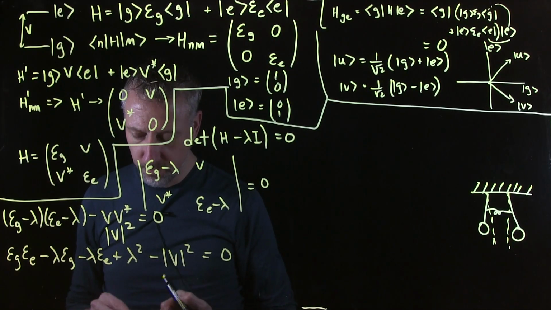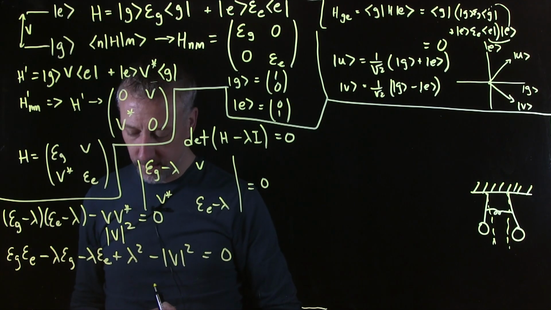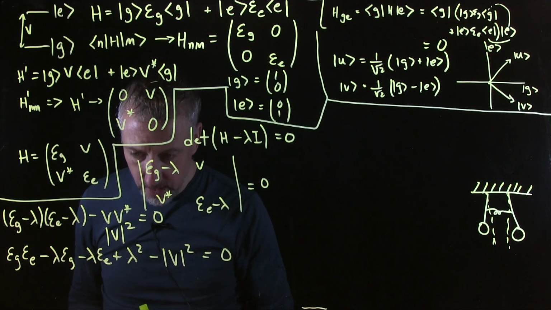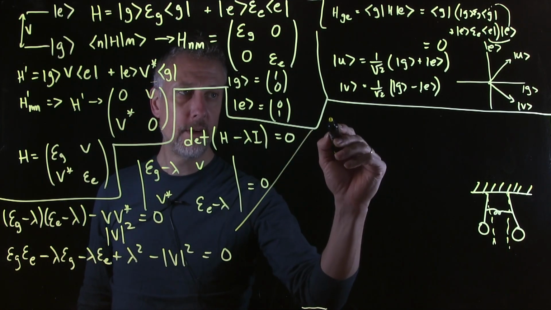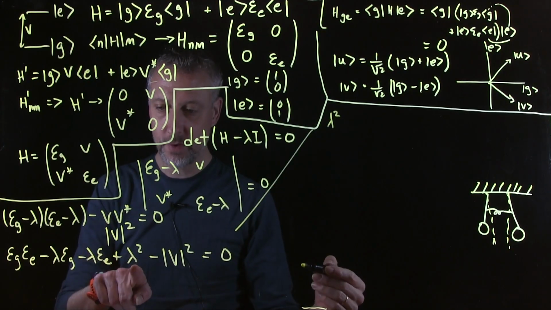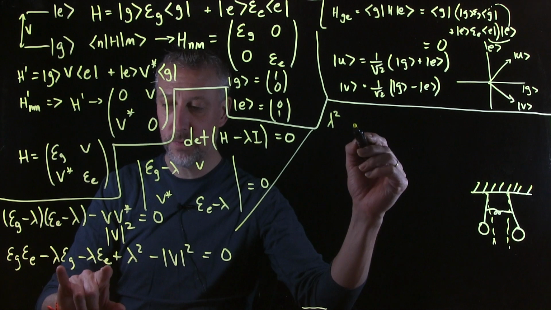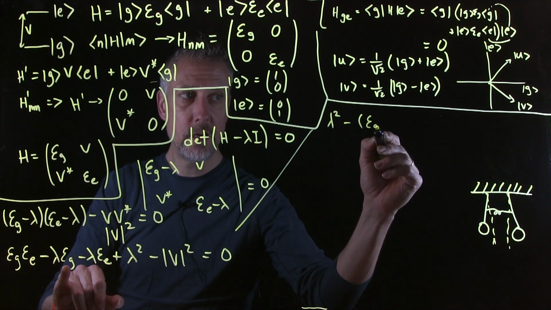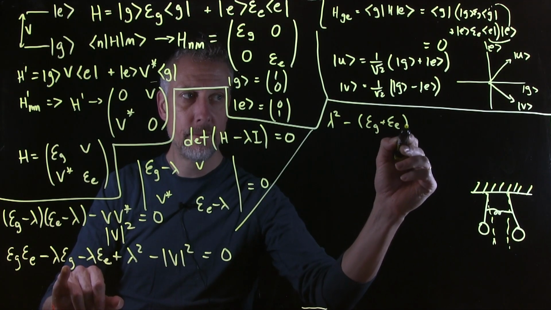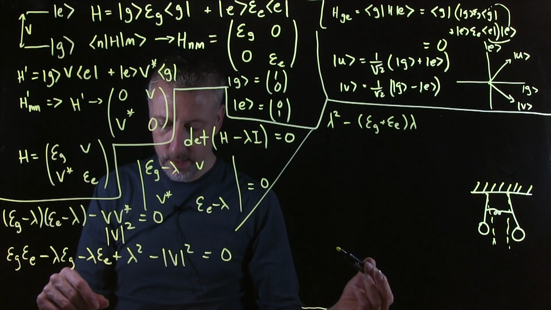Now all we have to do is group the terms. Our variable is lambda, so think of that like as x or whatever. And we have lambda by itself. Let's put that up here. So we'll have lambda squared. There's lambda squared. Then we have minus lambda times, so we have epsilon g plus epsilon e times lambda. All right, good.